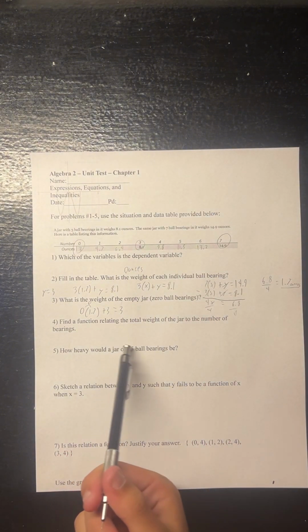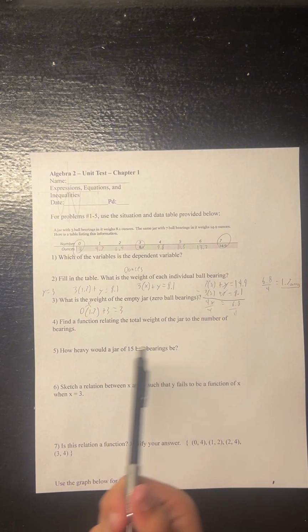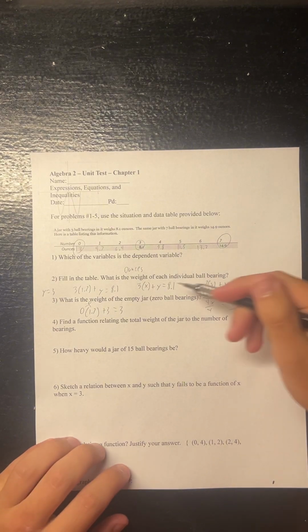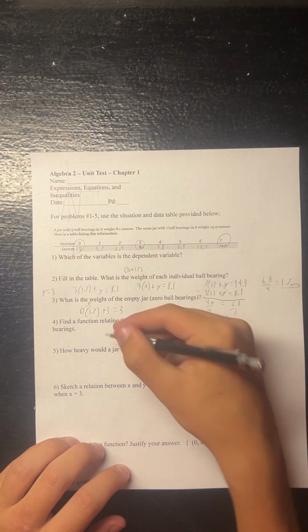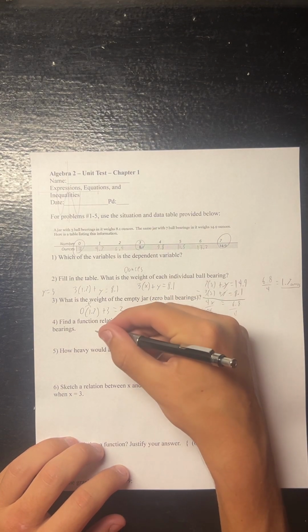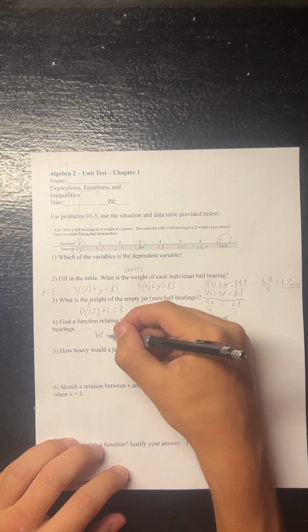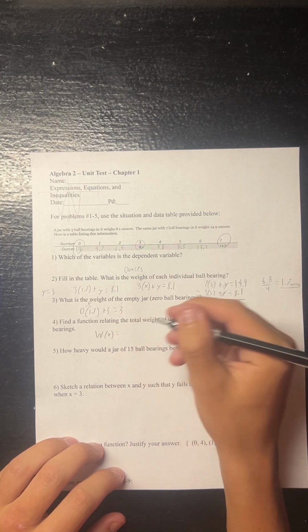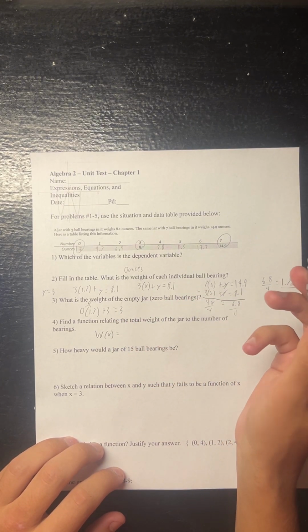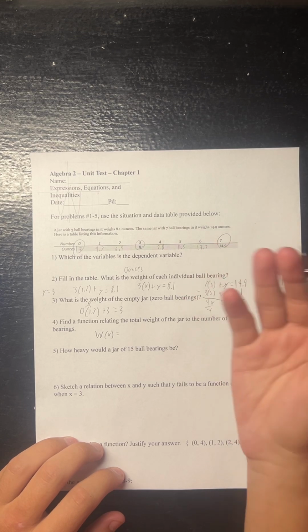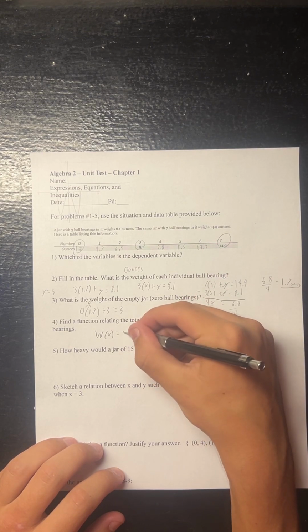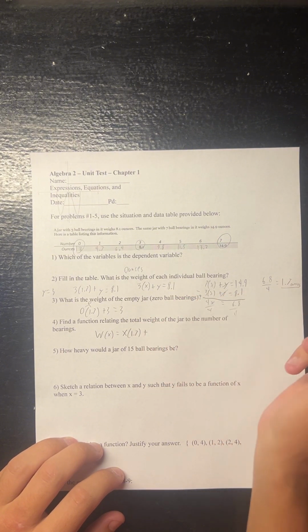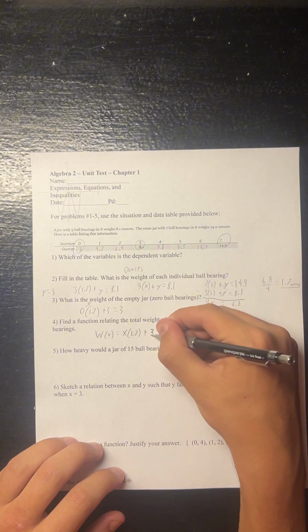Now find a function relating the total weight of the jar to the number of ball bearings. So pretty much we kind of already set this up with this one over here. So we can do the total weight being W, the number of ball bearings can be x, equals the number of ball bearings times 1.7 plus our jar, which is 3 ounces.